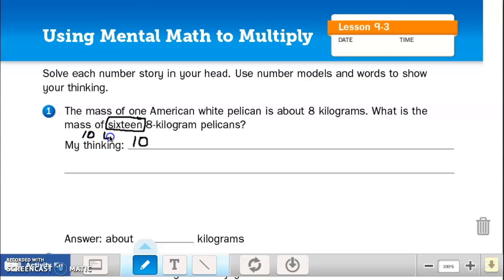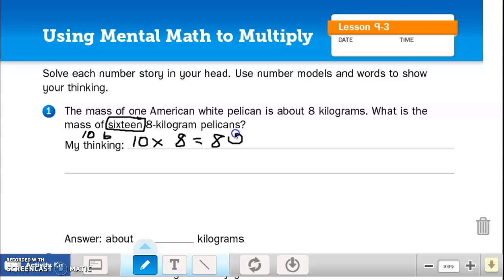And then I'm going to multiply them by 8 and then add the answers. So the first one is 10 times 8. That's pretty easy. Count by tens 8 times, 80.